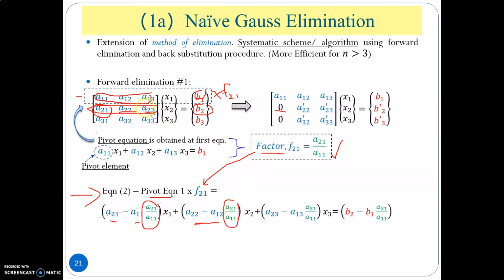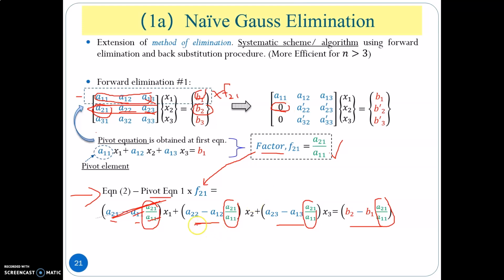And for this you have A23, A13, which is this, multiply with F21. Lastly, you have B2 minus B1 and multiply with F21. So we can see that A21 minus A21, you obtain 0. With that, we succeed in obtaining the 0 for the A21 component.